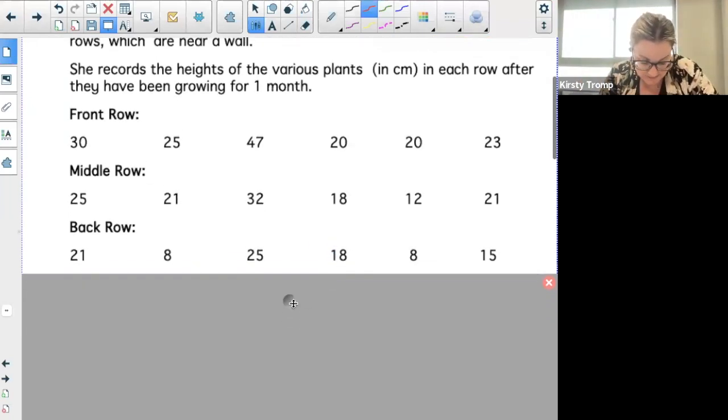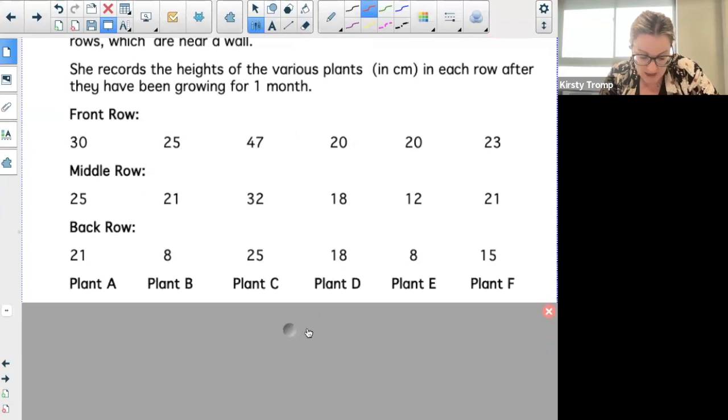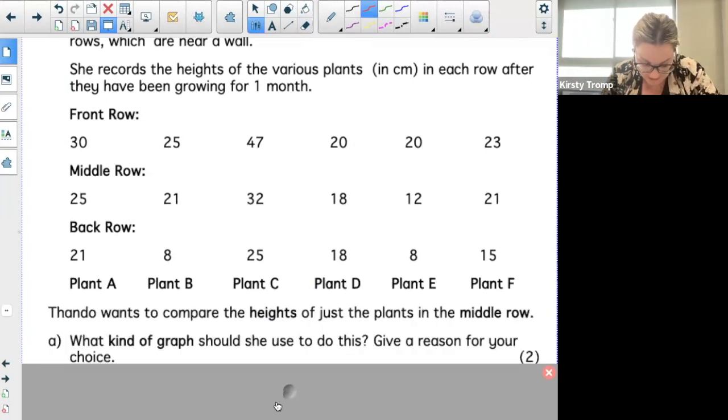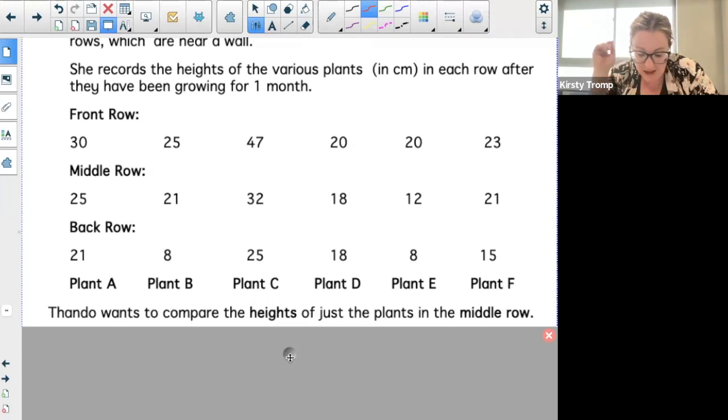They've told us that the first column is all plant A, the second column is all plant B, the third column is plant C, plant D, E, and F. Tando wants to compare the heights of just the plants in the middle row.